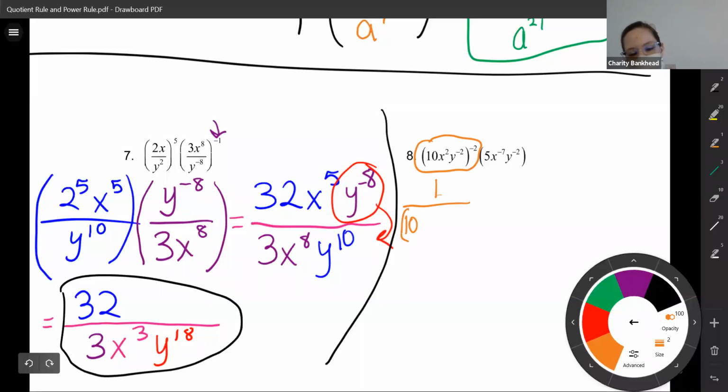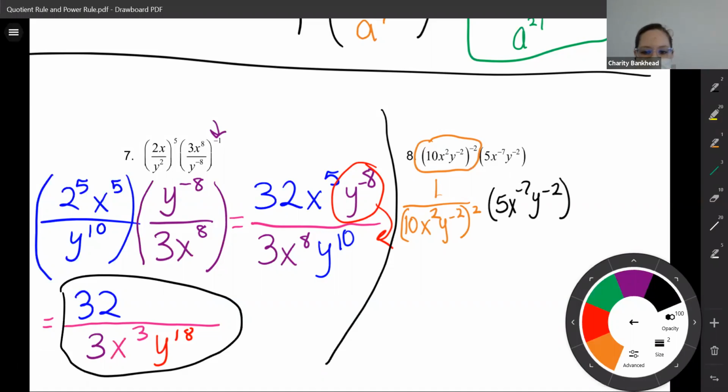And so everything in the parentheses is going to stay exactly the same: 10x squared y to the negative 2. And now it's raised to the power of positive 2 instead of negative 2. I'm just going to bring down the second set of parentheses. That's going to stay the same for the moment.